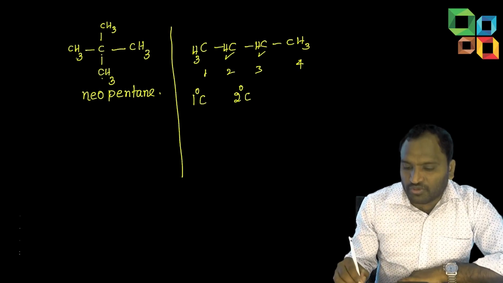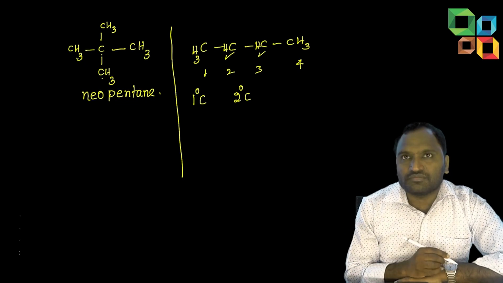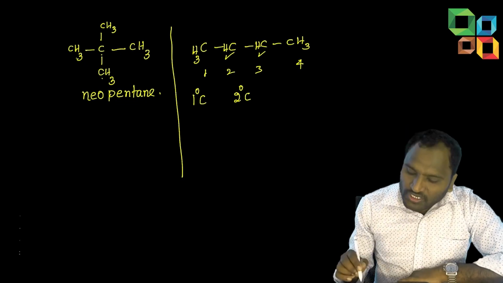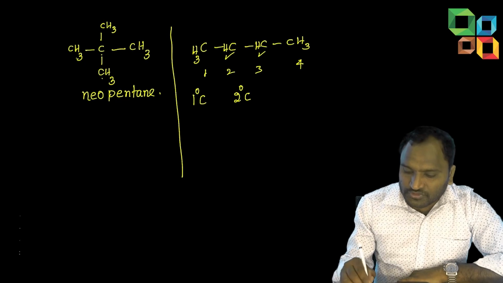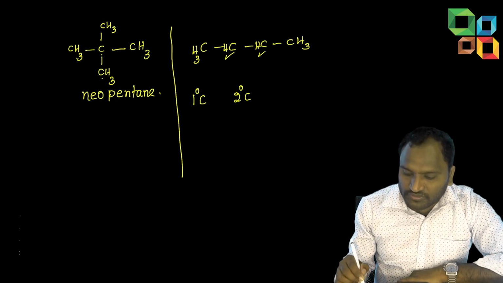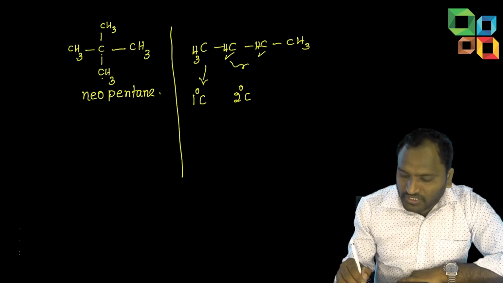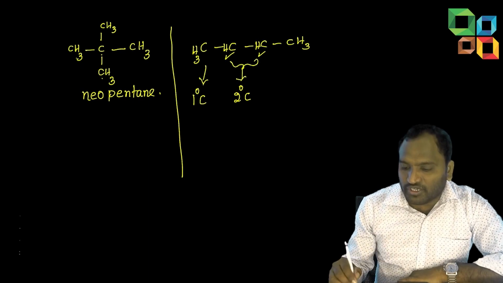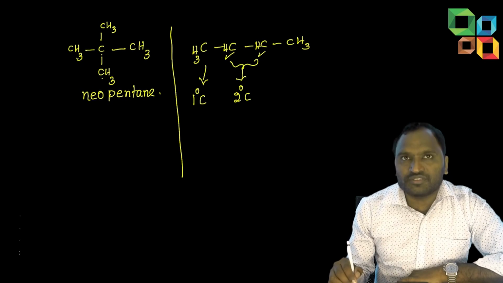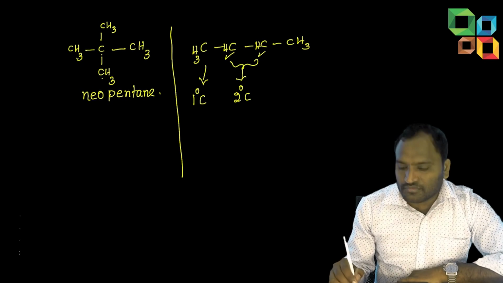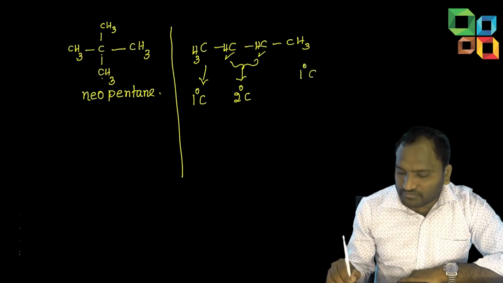Very good. What about the third one, students? Also 2 carbon atoms only. So this one is primary carbon. Second and third both are secondary carbons. What about the fourth one, students? Primary carbon.